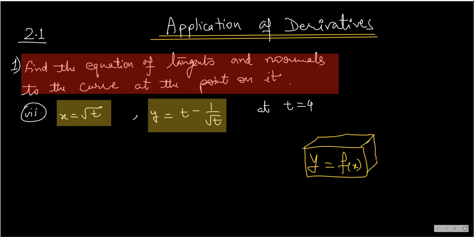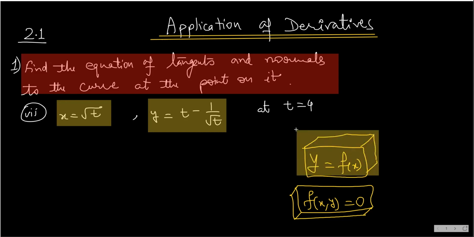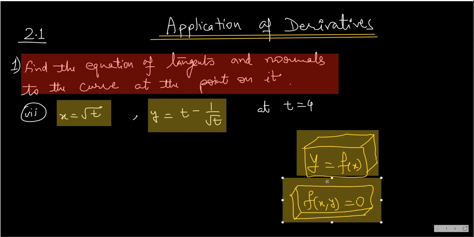We had the curves given in the form y equals f of x or f of x, y equals 0. Listen carefully, the equation of a curve can be given as y equals f of x, that is with the help of an explicit function, or f of x, y equals 0, with the help of an implicit function.